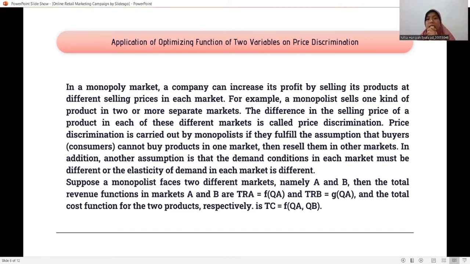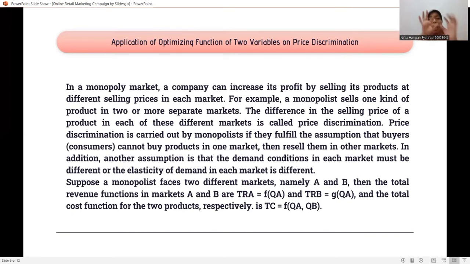Price discrimination is carried out by monopolies if they fulfill the assumption that buyers or consumers cannot buy the product in one market and then resell it in another market. In addition, another assumption is that the demand condition in each market must be different, or the elasticity of demand in each market is different.